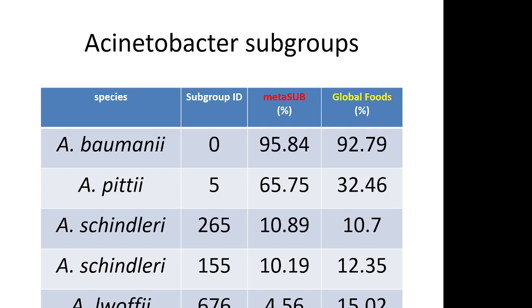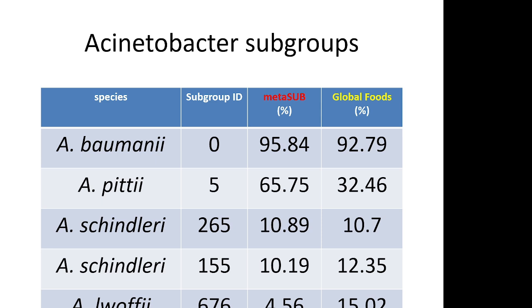So it's one of the dominant subgroups. And in the global foods, it has a similar number. And for PTI, we have 65 and 32, so one is half of the other. And then Schindleri is 10% and 10%, similar, but for Schindleri, there are two subgroups.